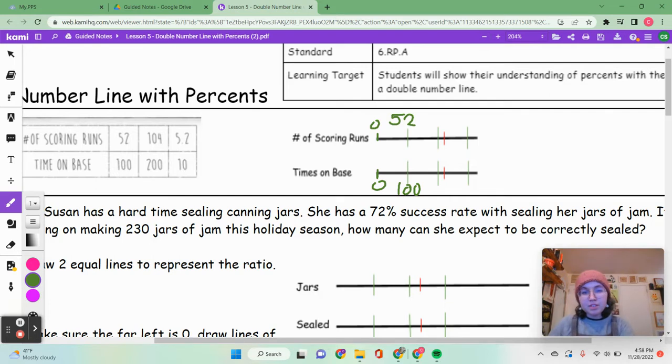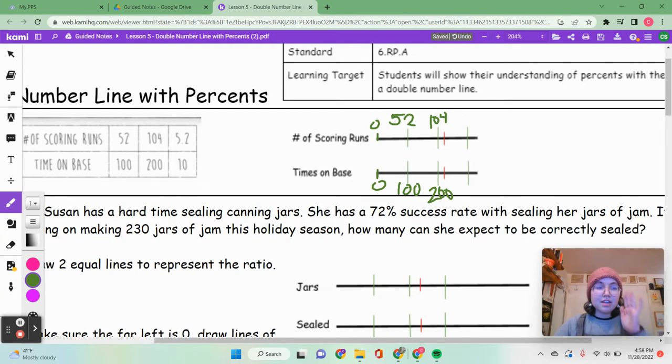And the bottom number, times on base, goes up by hundreds. Again, can go up by other numbers. We'll see that in a second. So if we double that, then we have 104 times on base out of 200, or 104 scoring runs out of 200 total times on base.